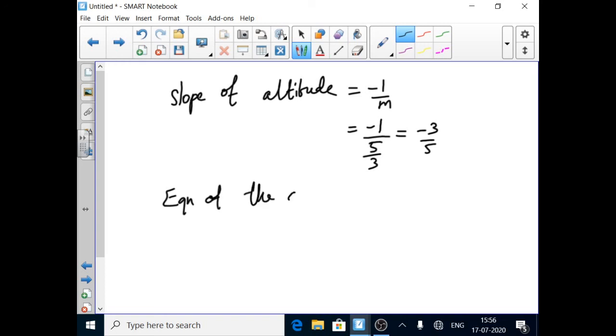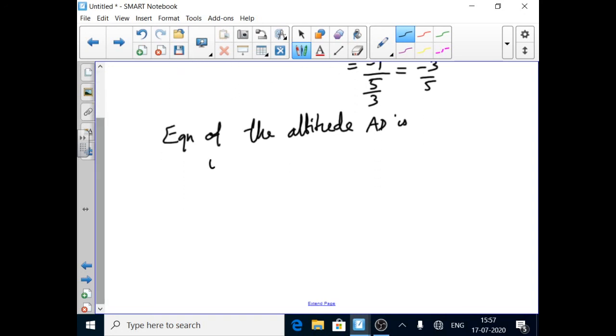Okay. So now the equation of altitude. The altitude is AD. So the equation of AD, we should use one point and one slope. Point slope formula is y - y1 = m(x - x1).